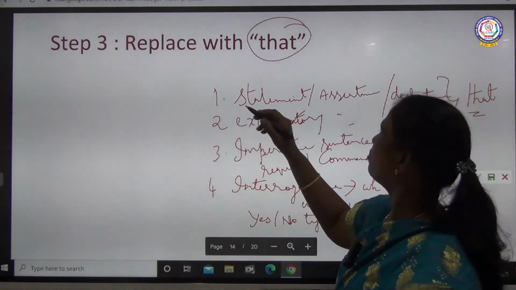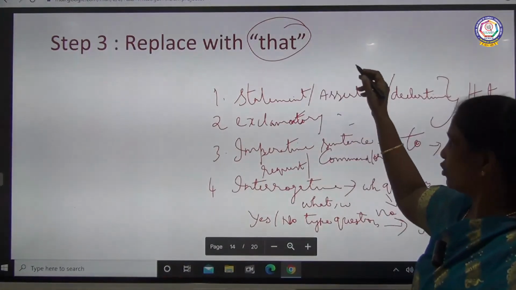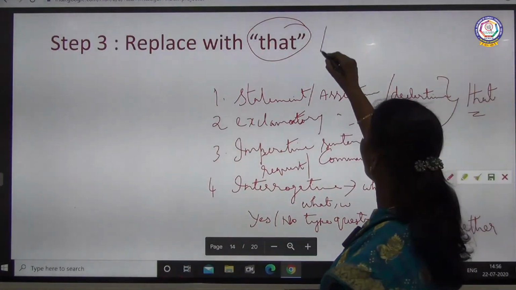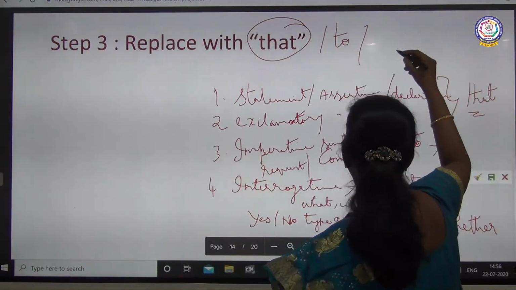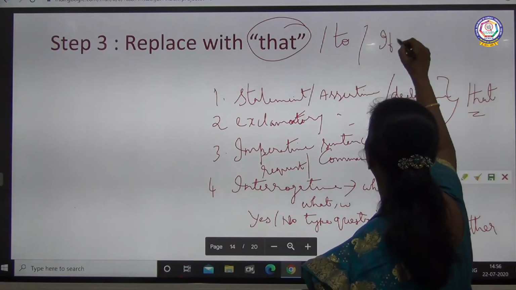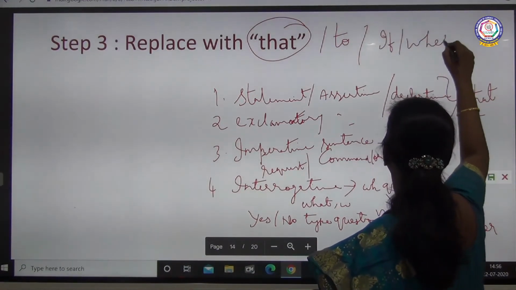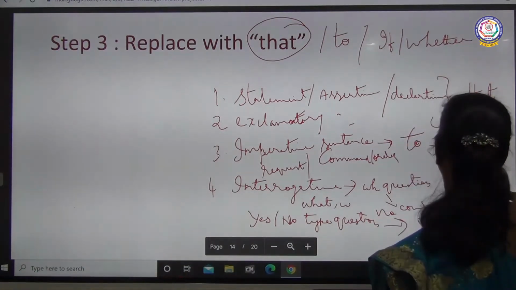So there will be a replacement of conjunction. Not only that, you have other things also. What is that? To, for imperative sentence, and yes or no type if or whether, and no conjunction for WH questions. It is clear, children? Okay, we will go for the next.